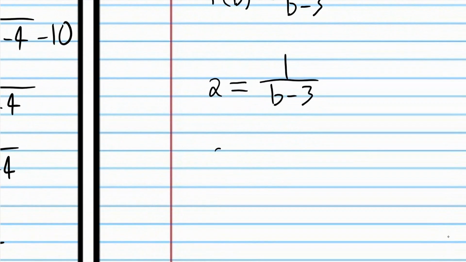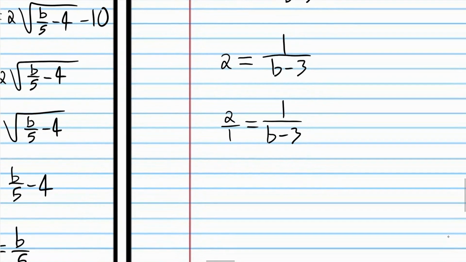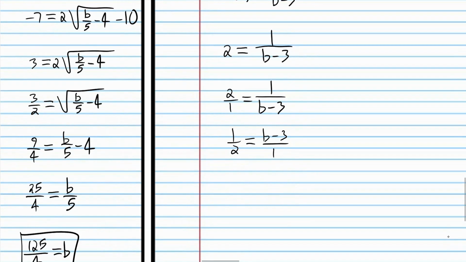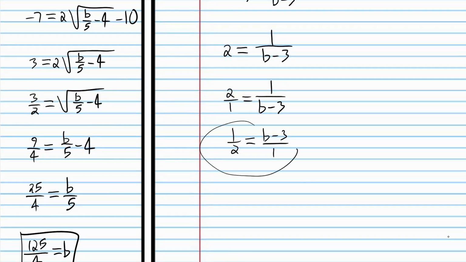One way is to write 2 as 2 over 1, and then just flip both sides of the equation. So we can flip 2 over 1 to 1 over 2, and 1 over b minus 3 to b minus 3 over 1. This is a possible method.